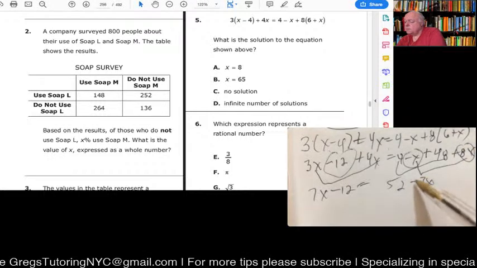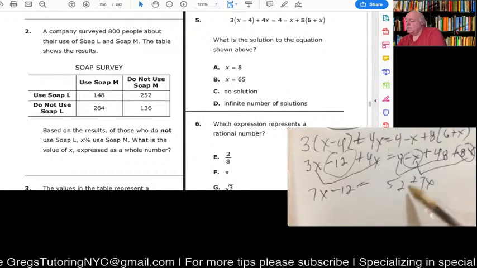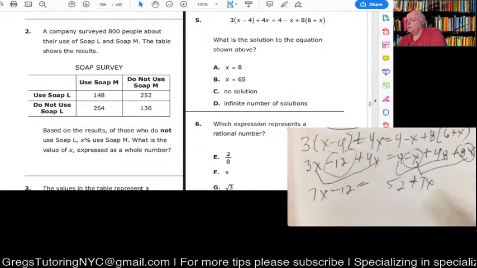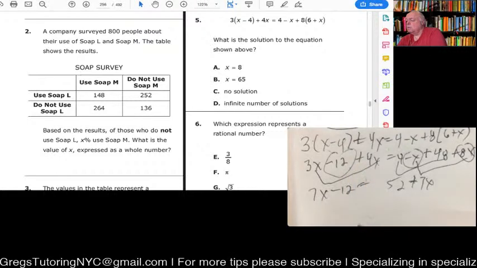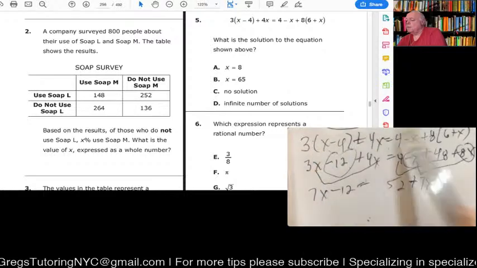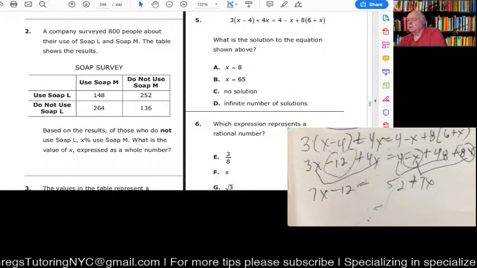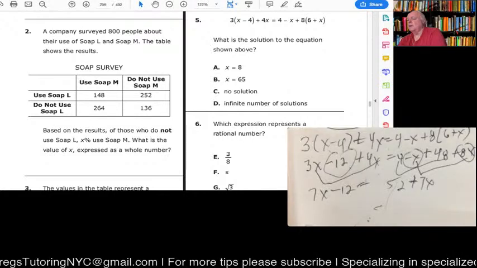Okay, no, plus 7x. See? So I just made an error, and you just fix it as you're going. And what happens is when you run these through, once you get the answer, you should go back and plug it back into the original formula, just to make sure you didn't make a goof up. Because even though the choice might be there, you may have done it wrong.